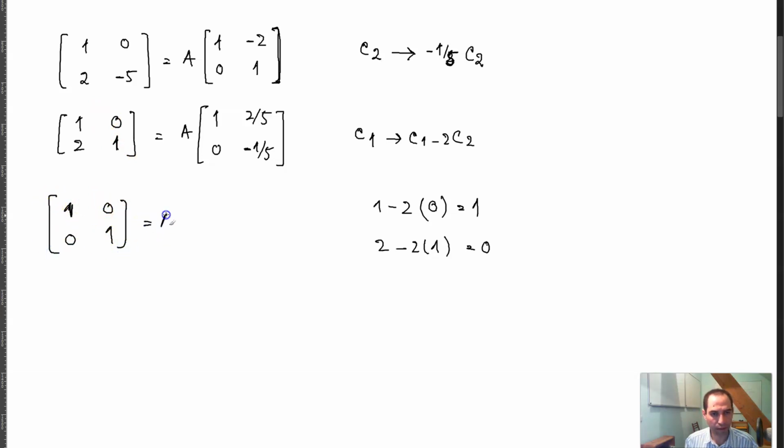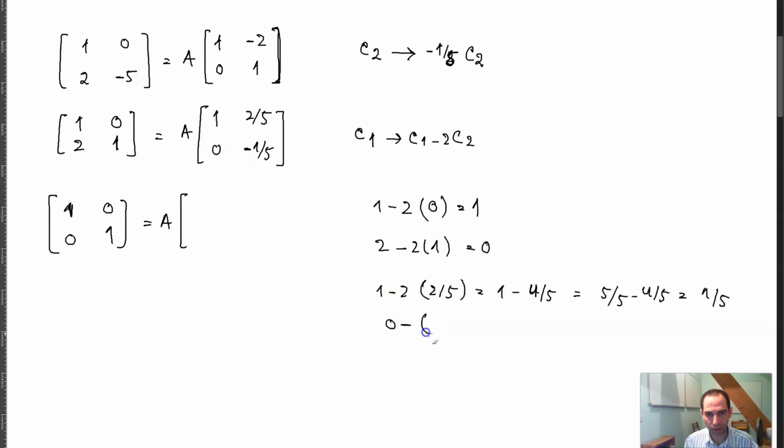And that is the same thing as A times, again, column 1 has to change. So 1 minus 2 times 2/5, which is the same thing as 1 minus 4/5, which is equal to 5/5 minus 4/5, which is equal to 1/5. And then 0 minus negative 1/5 is equal to positive 1/5.